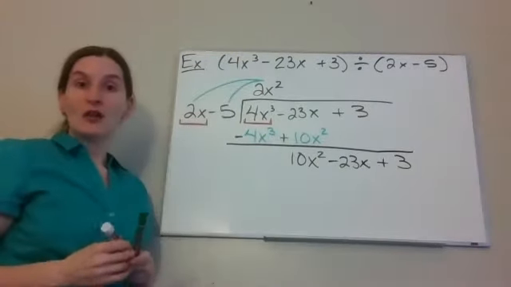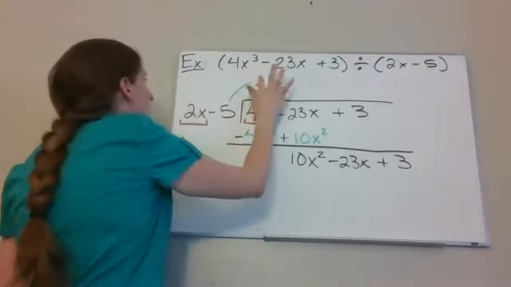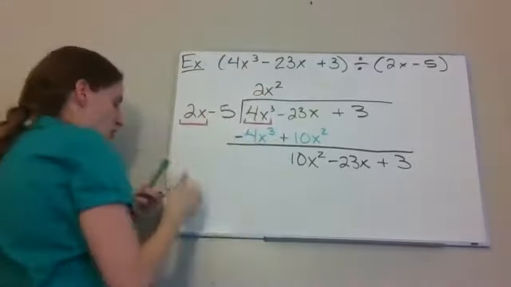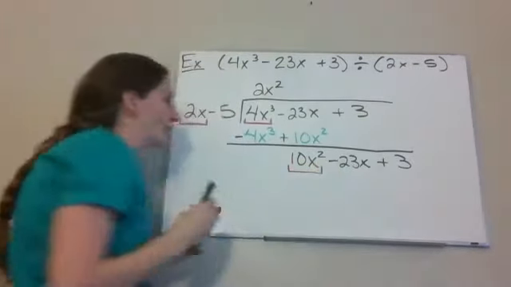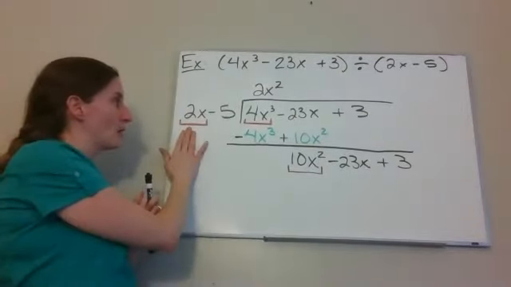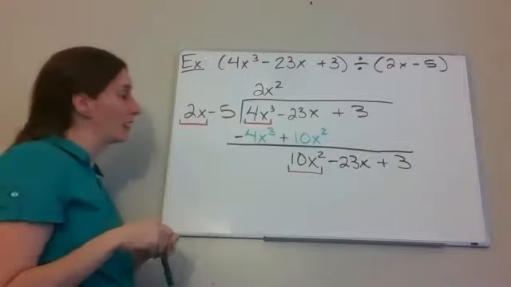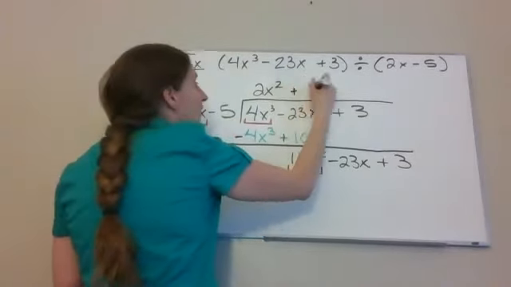And now we get to do the whole procedure again, except now we get to look at our 2x and this first term, 10x squared. And what do I need to multiply my 2x by to get 10x squared? Well, I'd have to multiply it by 5x.